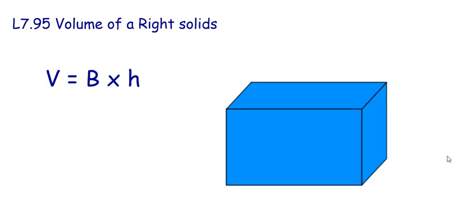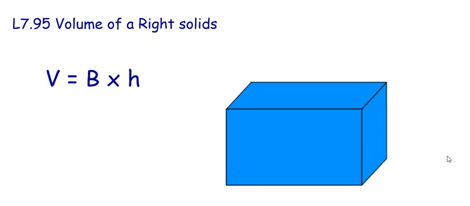Now, to find volume, in front of you, I've given you a new formula. And even though this formula looks a little different, it's actually a formula you've been using for a long time when it comes to volume. In the past you've dealt with rectangular prisms or a cube, something like that.